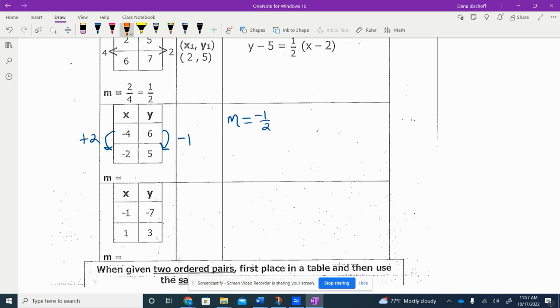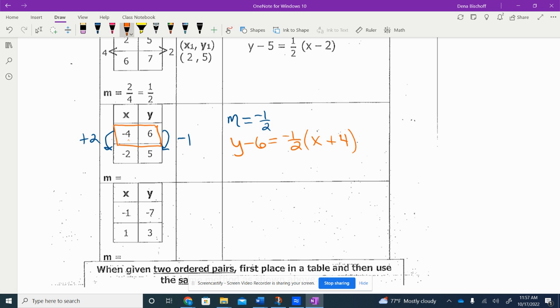You don't know? Okay. Help out, Kane. So you can use the top one, so that would be y minus 6 equals -1/2, and then you do x plus 2. Oh, 4. x plus 4. Good job.